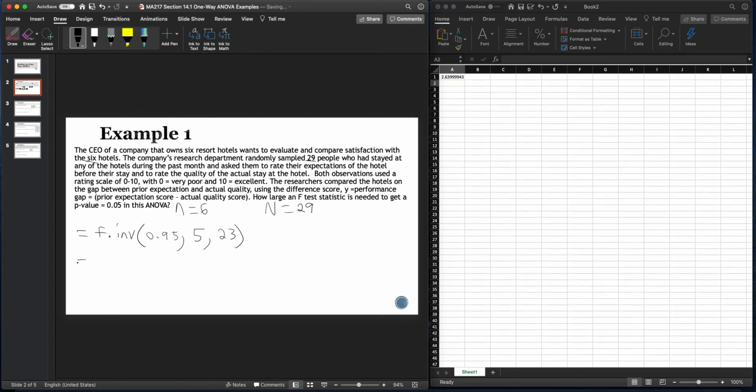There's a special Excel formula that gives the area to the right, that being equals F.INV.RT. And then the probability that we're going to use for this is exactly the p-value of 0.05. And then the same degrees of freedom, so 5 and 23.